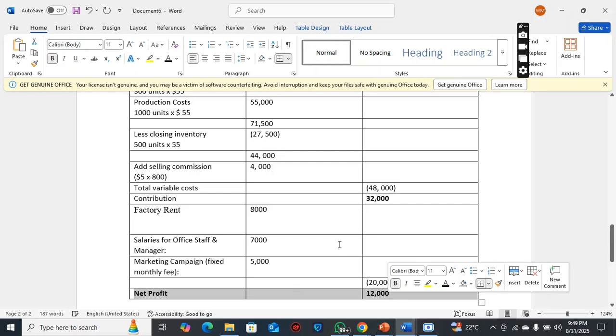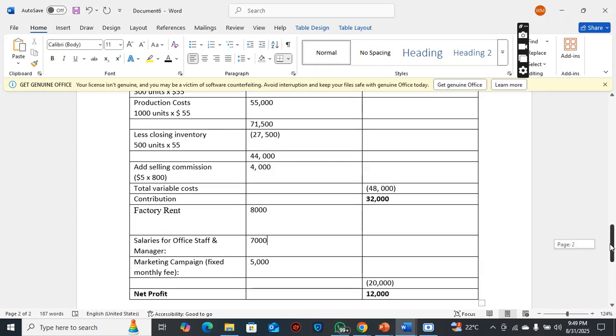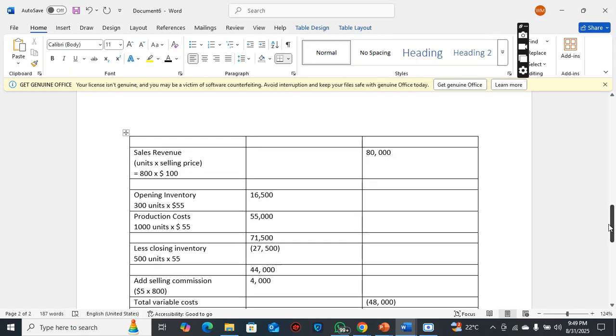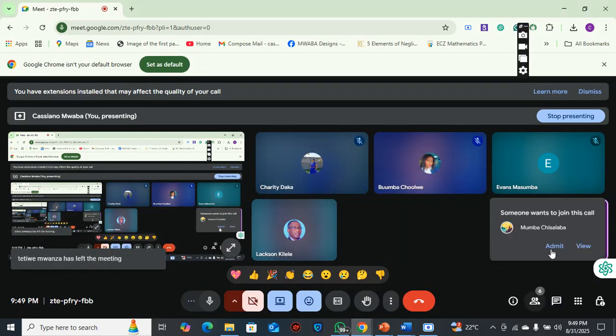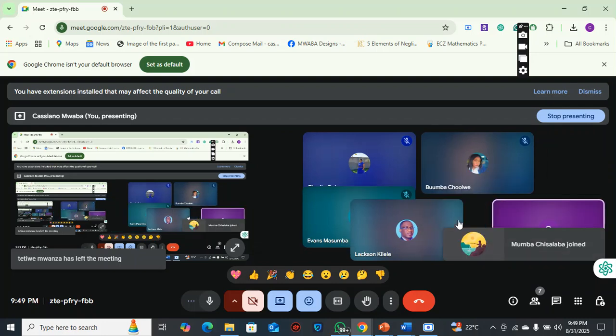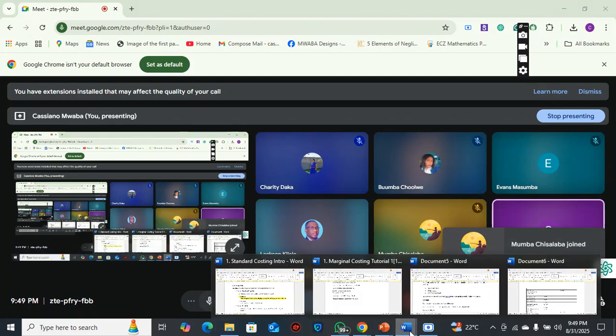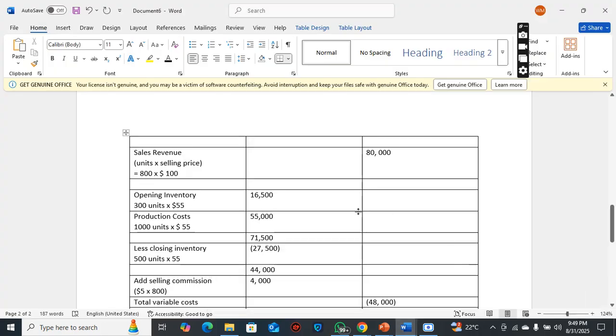12,000. As you can see, first get your sales revenue. After that, tabulate the total variable costs. Get the value of the opening inventory, the value of the goods produced, the value of the closing inventory.